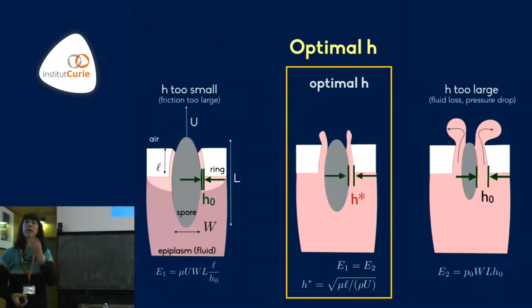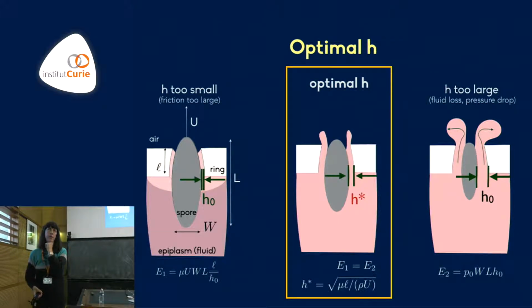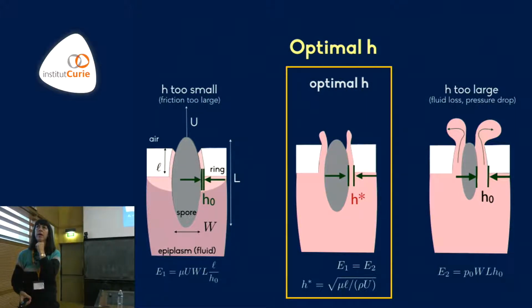Yes? So here the velocity of the spores coming out depends on the dissipation, the loss of energy. Yeah. So we have U here, but we don't know what U is because we don't know the loss of energy. That's a good point.